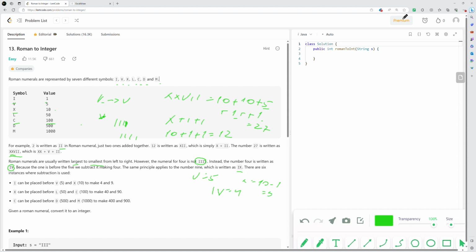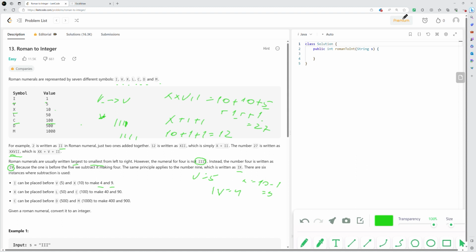There are 6 instances where subtraction is used. I can be placed before V and X, but it cannot be placed before symbols that have a larger value than 10. Using these combinations, we get 4 and 9. X can be placed before L and C to make 40 and 90.